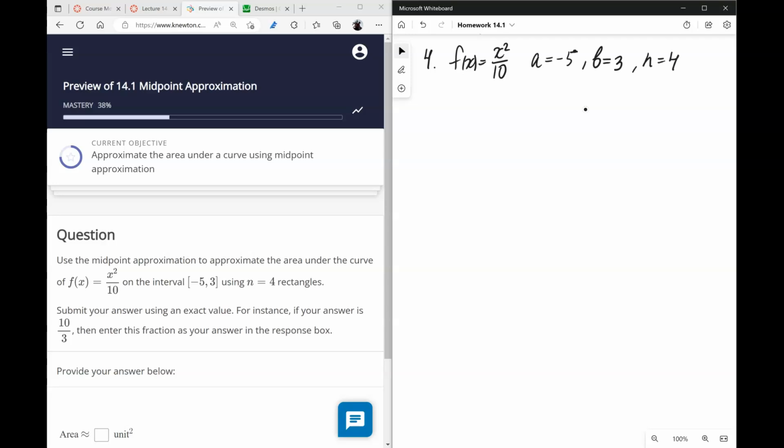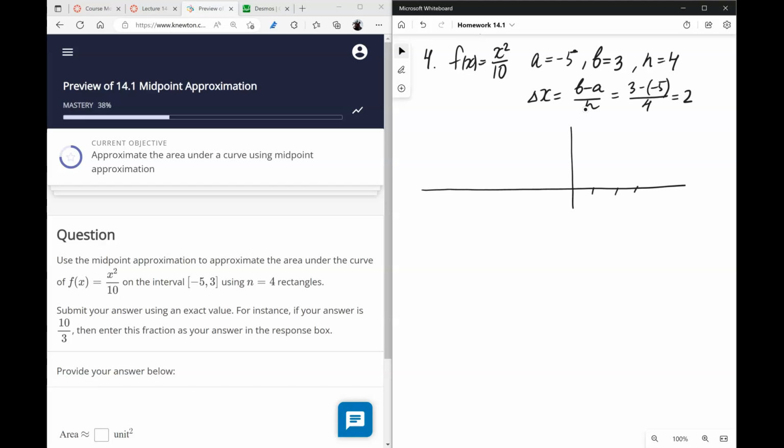The number of rectangles is given. Delta x is computed using the formula. And we need to visualize the interval. So it goes from -5 to 3.